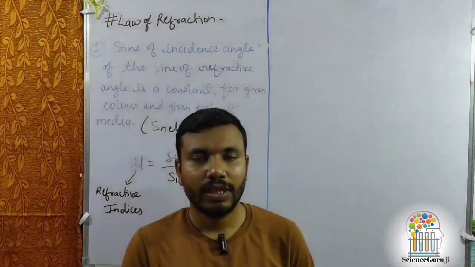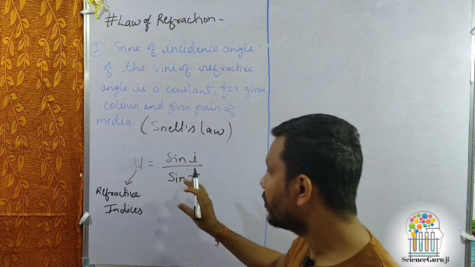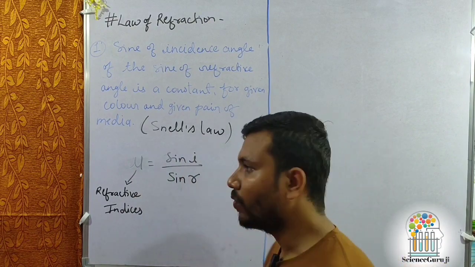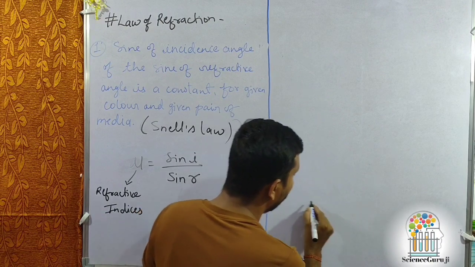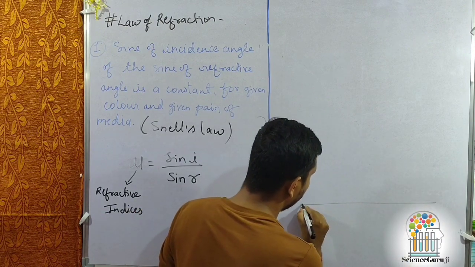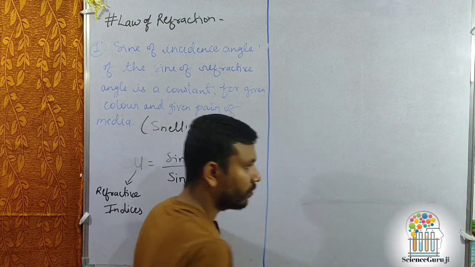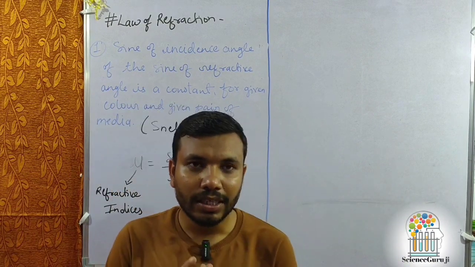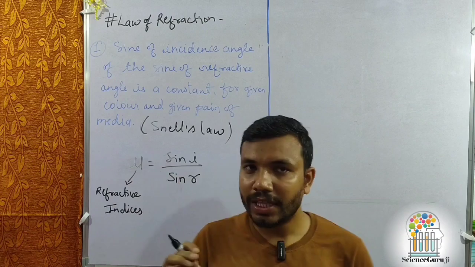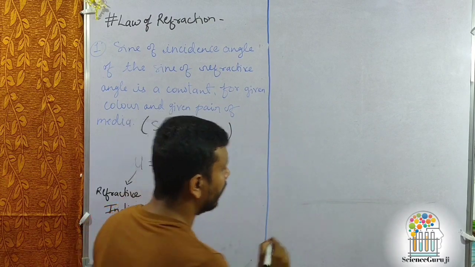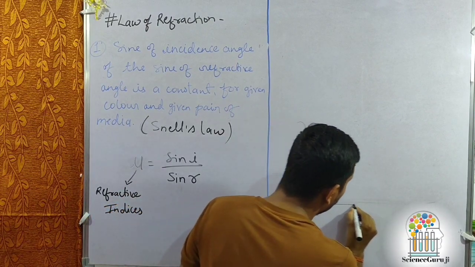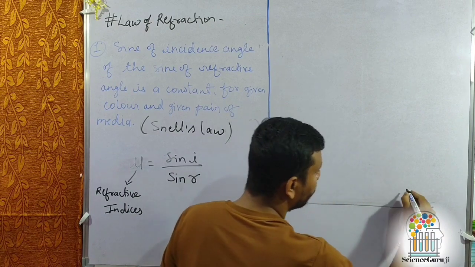Okay, let's understand this Snell's law with one diagram. Suppose we have a plane surface here. Let's understand this first law with the help of one example. Let me take two media here.